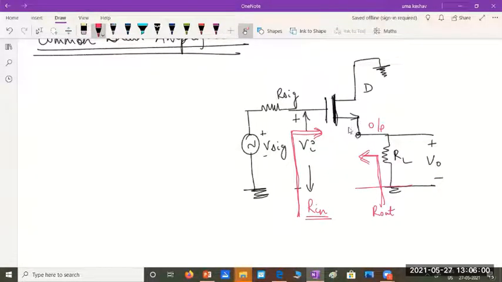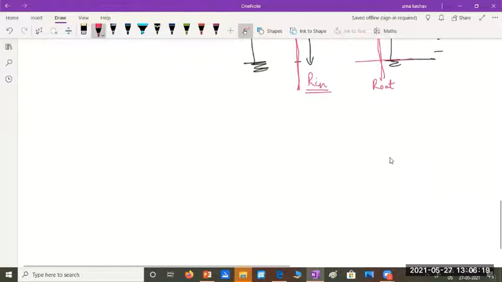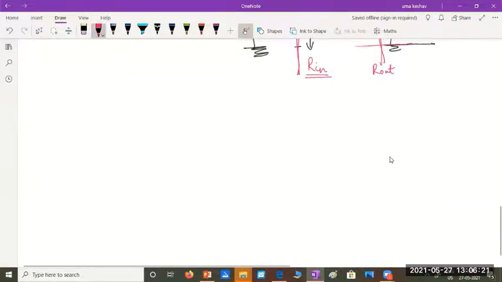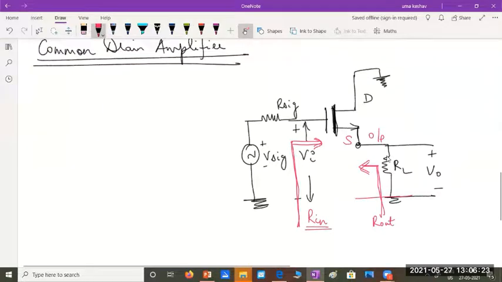Please notice that we have a resistance in the source terminal. Whenever you have a resistance in the source terminal, I told you one particular model is better suited. Which one is that? Which model did we use when we had RS?